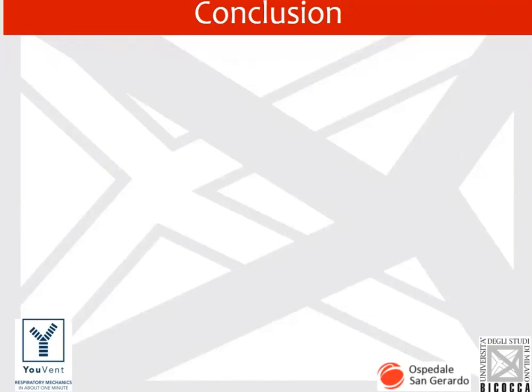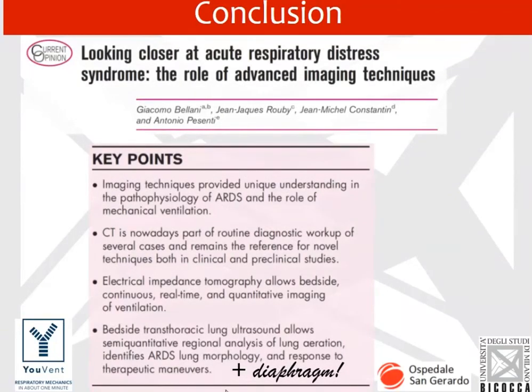So in conclusion, as I promised, I've spared a few minutes. I think that imaging techniques provided us unique data that allow us now to understand ARDS better, and in general, mechanical ventilation, particularly, as I said, because of their ability to capture heterogeneity.